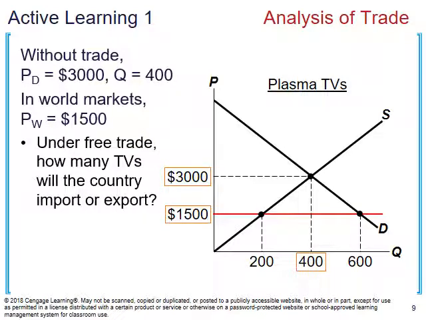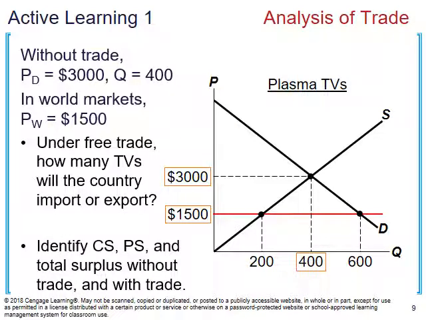So under free trade, how many TVs will the country import or export? As you can see, the price is lower at the international level, so people will buy from abroad, and as a result the quantity demanded will rise from 400 to 600, and then your job is to find the consumer surplus, producer surplus, and total surplus without trade and with trade.